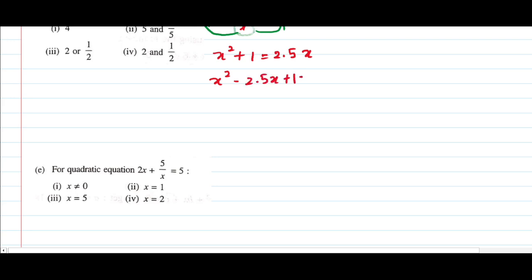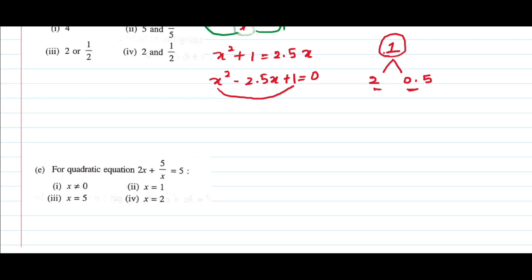So x square minus 2.5x plus 1 is equal to 0. Now we have to split the middle term: the product of the two terms must be 1, and their sum must be minus 2.5. So we take 2 and 0.5.